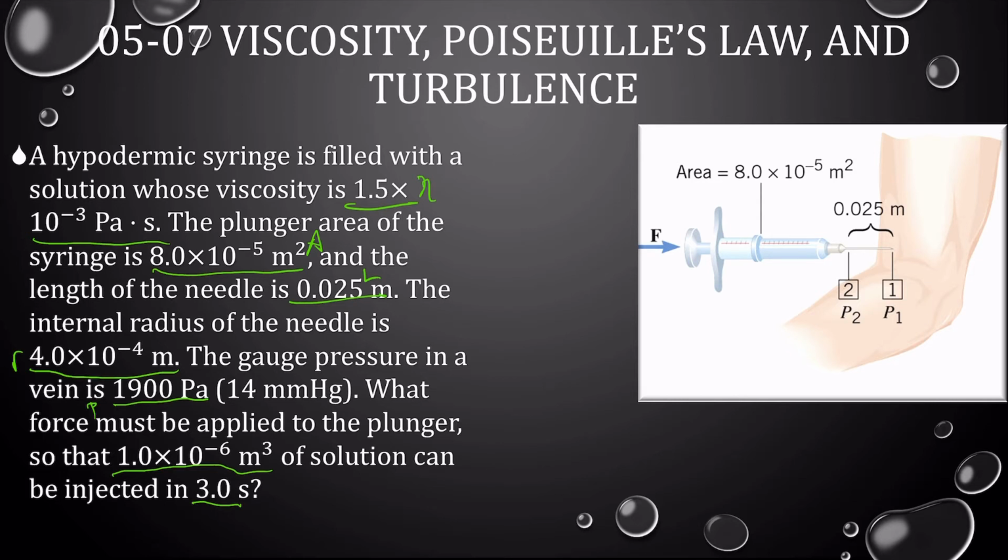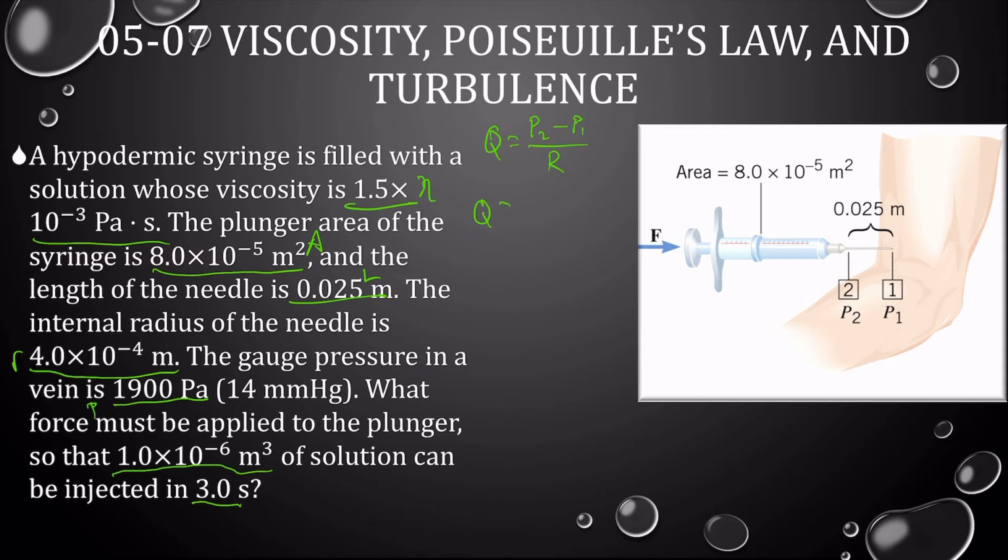Well, this is a little bit complicated. So I'm going to have to look at a few things. So we're going to end up using Q is our difference in pressures over R. But to do that, we need to calculate all these different things.